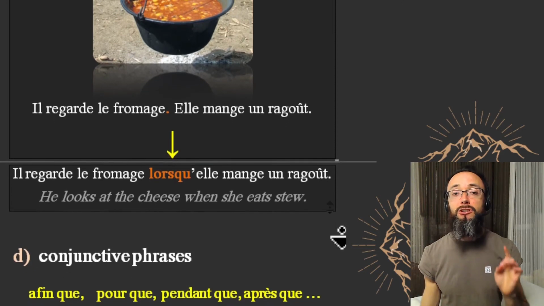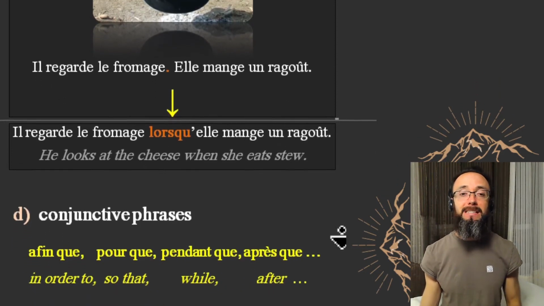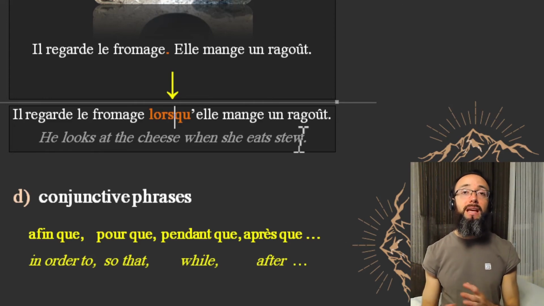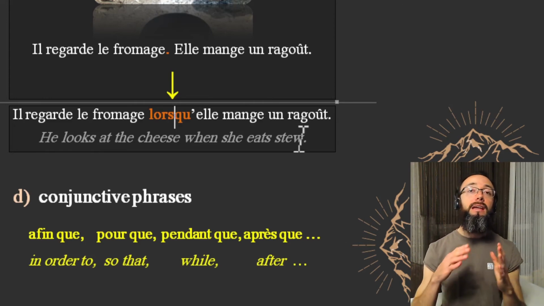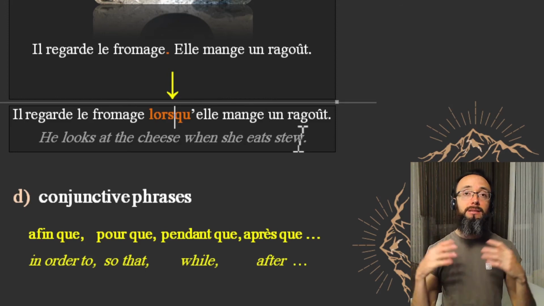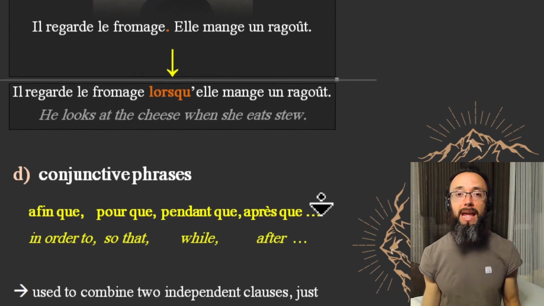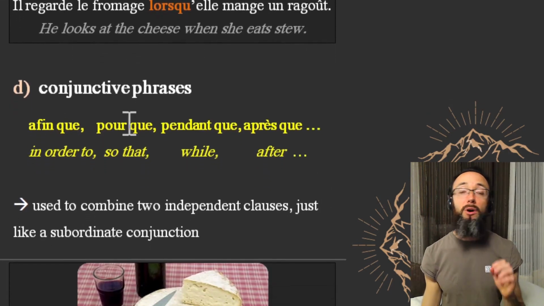Now, we also have conjunctive phrases to end this lesson, because it can be more than one word. Here we said that a conjunction is a word that connects 2 words or 2 parts of sentences. And conjunctive phrases are more than 2 words.